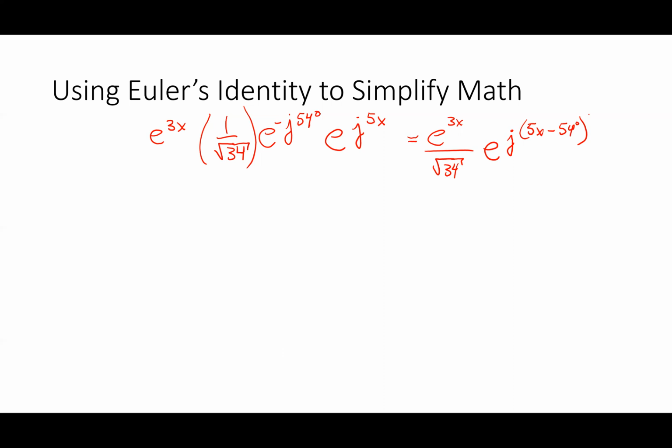All right. Now at this point, I'm perfectly happy to do this slowly, right? How do I expand this guy here with Euler's identity? I got e to the 3x over square root of 34.